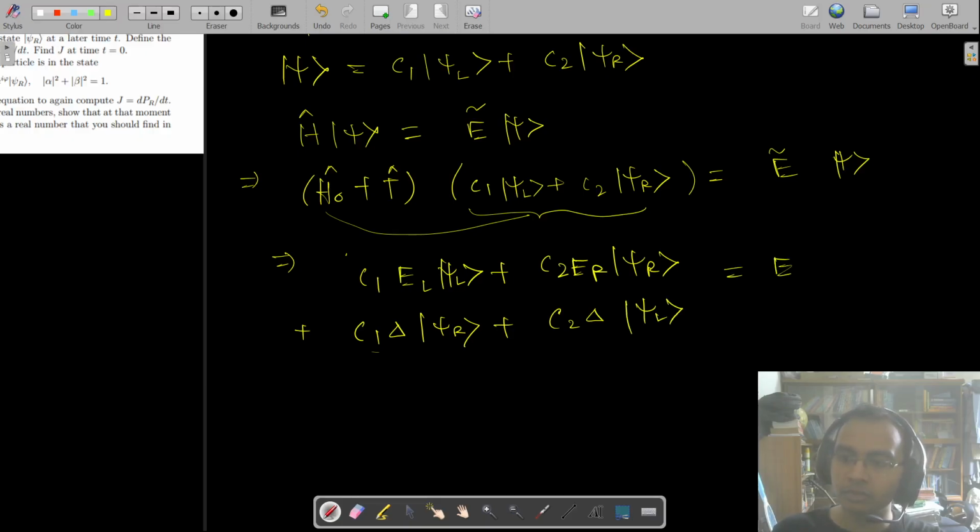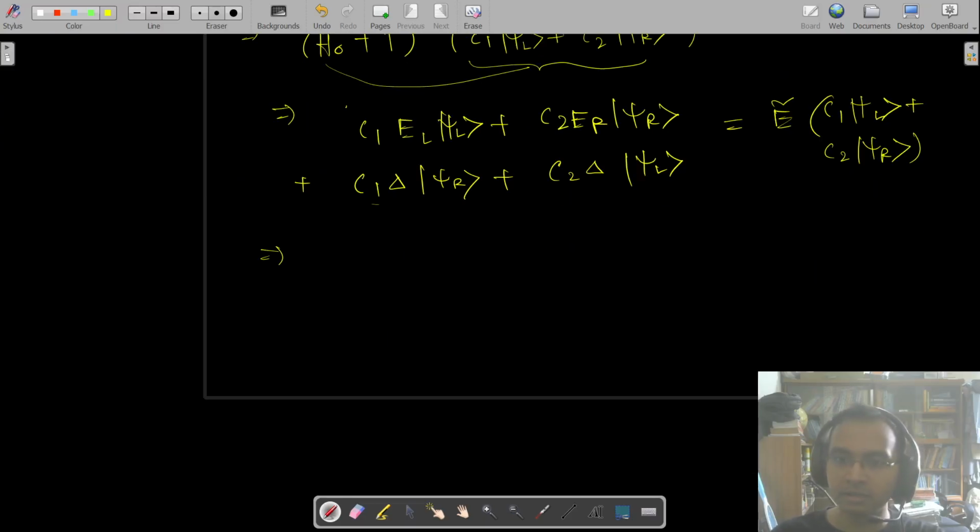And to the right, if I write it down explicitly in terms of the linear combination, we have this thing here. Now we're going to take all the terms together.